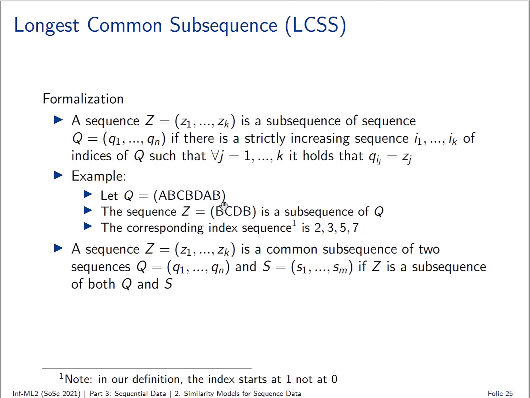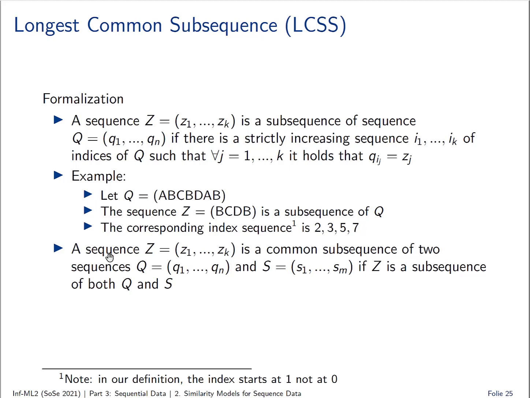Yeah? So we can find an index sequence in Q such that the elements of Z are at these index positions in Q. Just a footnote here: we start our indices at 1 and not at 0. Anyway, I hope that explains the idea of a subsequence.